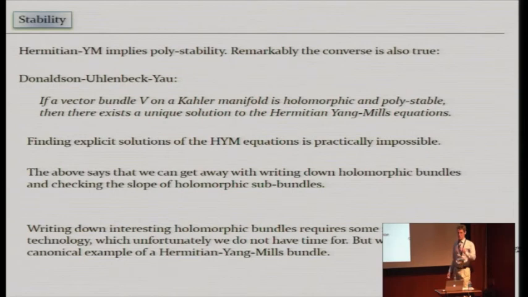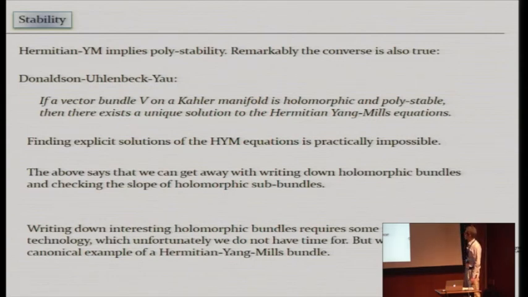We have a holomorphic bundle, and it has to satisfy this topological-like condition, which says that the slope of every holomorphic subbundle has to be smaller. So that's necessary, but now Donaldson-Uhlenbeck-Yau tells you that this differential geometric condition, namely the Hermitian-Mills equations, is in fact implied by just being holomorphic and polystable.